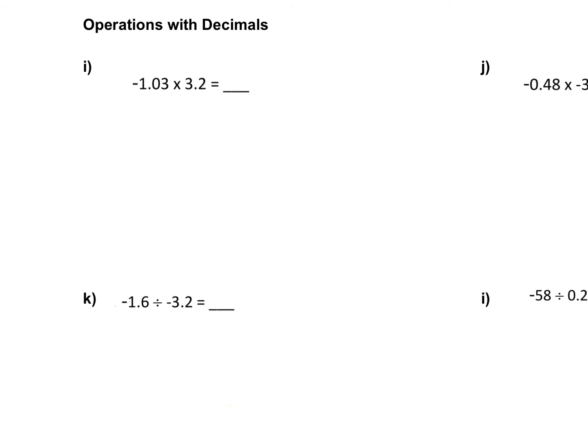Now my decimals are a whole lot easier. I'm just going to line them up and multiply, and I know a negative times a positive is going to be a negative. So write that negative in so you don't forget. I'm going to ignore those decimals and just go ahead and multiply here. Don't forget my second row, I add a 0.